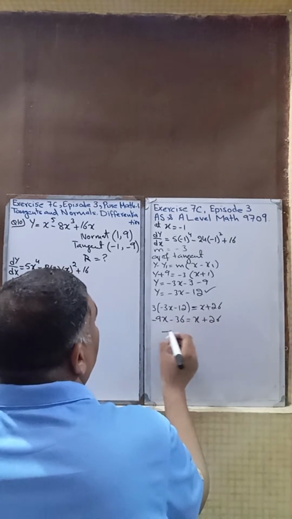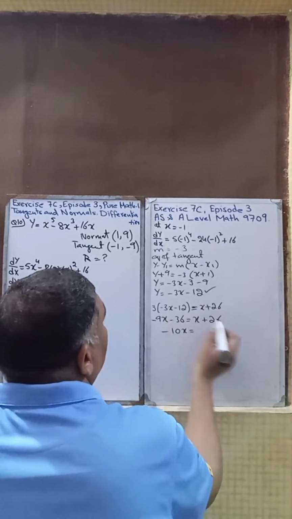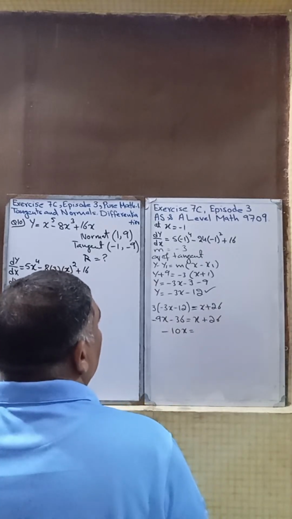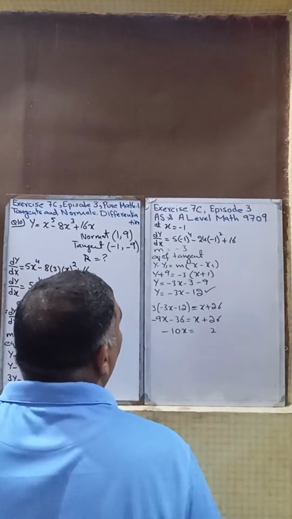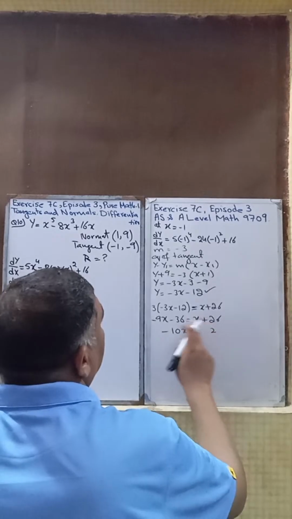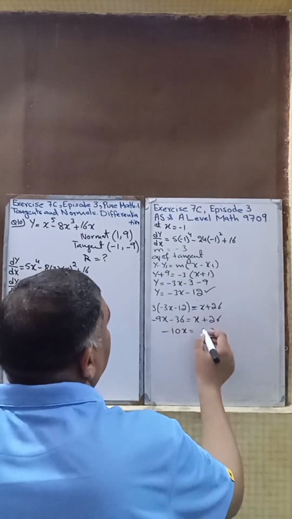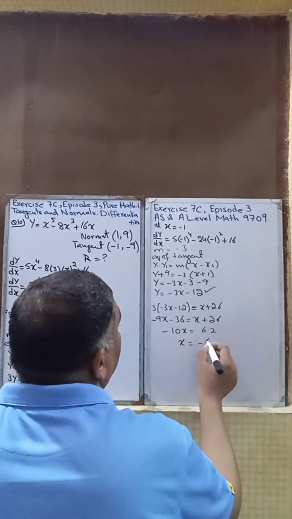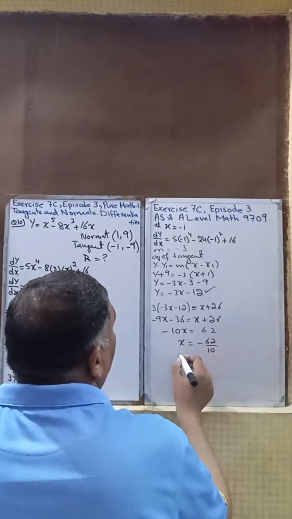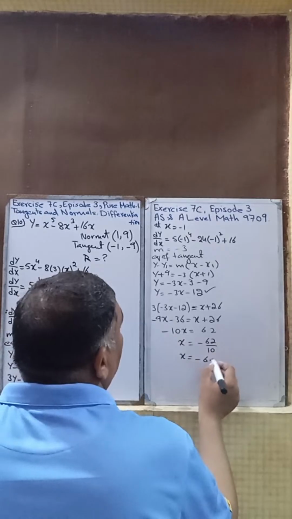Bring this here, so it will become minus 10x, and take it to the other side, so it becomes 62. So x will be equal to minus 62 by 10, and x will be equal to minus 6.2.